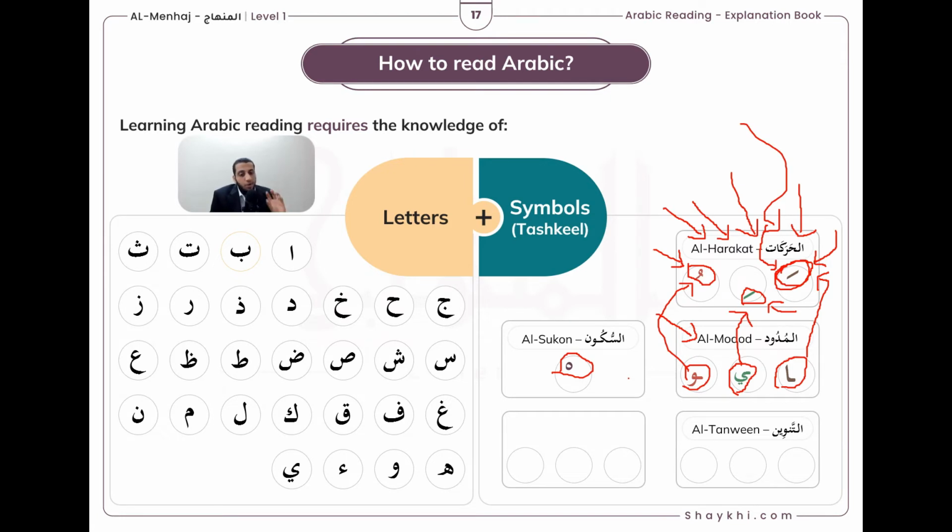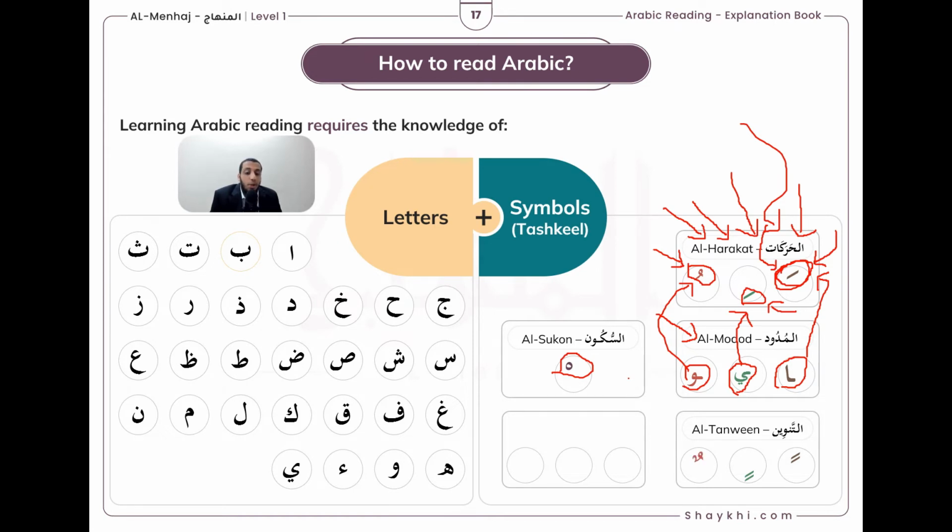So a short vowel sound and at the same time an n sound. For example, if we take the letter hamza as an example, we say an, in, un. Okay, I know now that you want to know the symbols of at-tanween. So here are the symbols. This is the symbol of tanween al-fath. This is the symbol of tanween al-kasr.